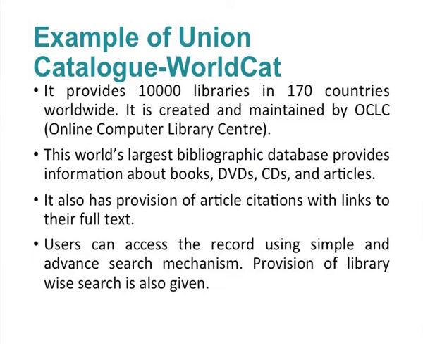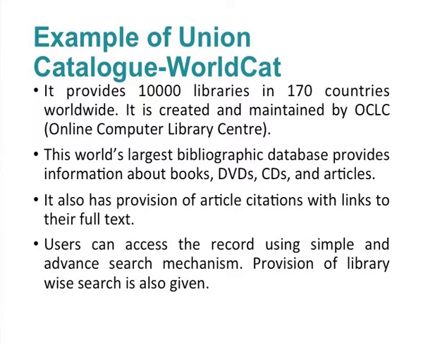Now, the WorldCat has more than 10,000 libraries participating from 170 countries worldwide. So, this WorldCat became a reality, initiated by the OCLC, Online Computer Library Center, and this is the world's largest bibliographic database, providing information about DVDs, books, CDs and articles.